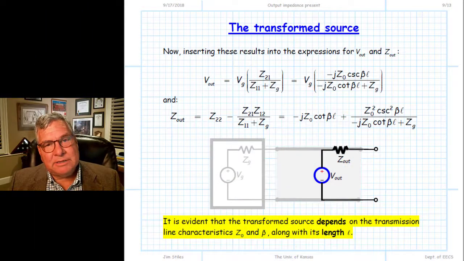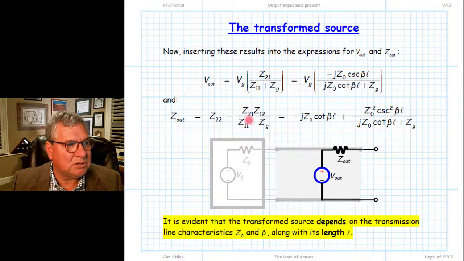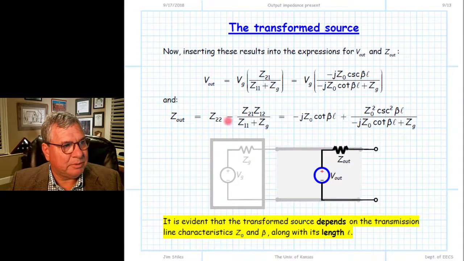So let's take our transimpedance parameters for a length of transmission line and insert them into our solution for a two-port device that transforms an original source into a new source. Since we have the impedance matrix, we can insert it into these results, and this is what we get. This is the new open circuit voltage for our transformed source.